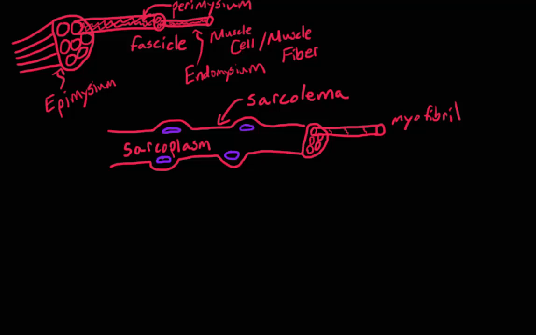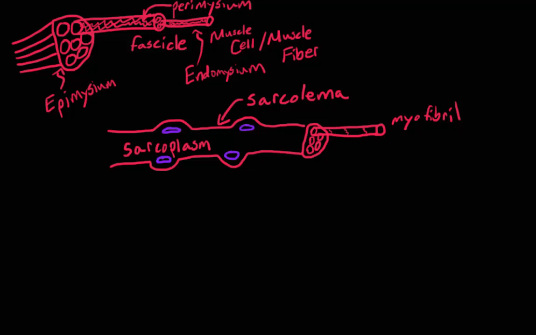Now, this striation pattern is going to come from the combination of many different units called sarcomeres. I'll go ahead and introduce what a sarcomere is here, but we'll probably spend a different slide talking about exactly how they work.